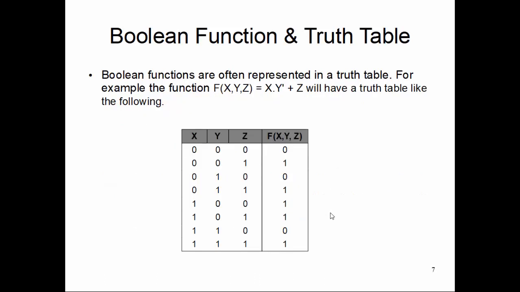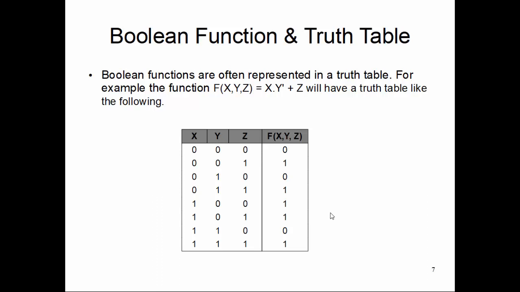Now let's talk about the truth table. So Boolean functions, unlike algebraic ones, can also be done in a similar way, but the point is that sometimes we express Boolean functions as a truth table.